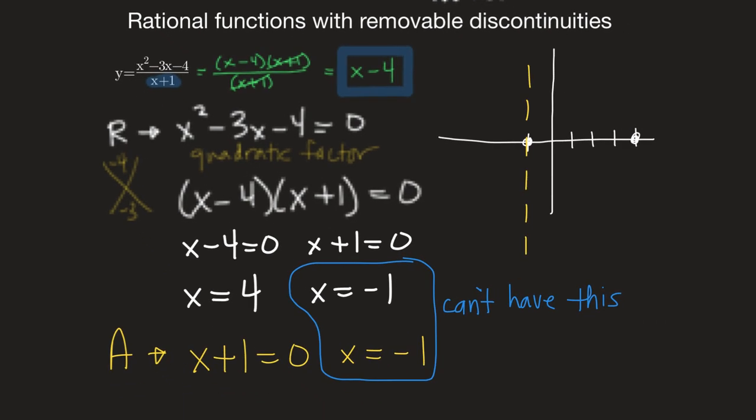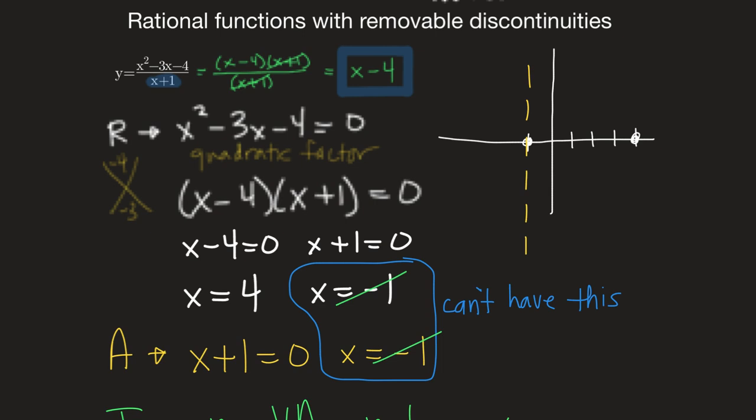Okay, because the next step would be to do a table. But since there's no vertical asymptote, there's not a table necessary. So we can skip over the table part of figuring out what's going on around our asymptote, since there's not really an asymptote. Right? These guys basically cancel each other out as far as the graph goes.